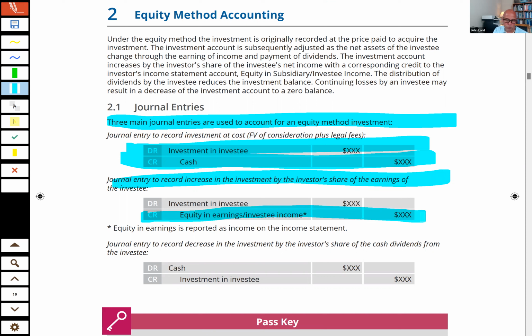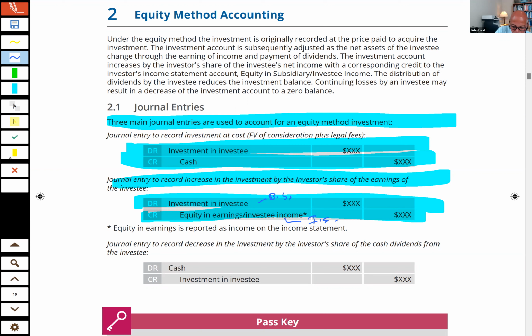So if you own 25% of the stock and they tell you that the net income of the investee was 100,000, you would credit equity in earnings of investee income and debit the investment account. Now, the investment is reported on the balance sheet. The equity in earnings is reported where? On the income statement, as your income from investment.